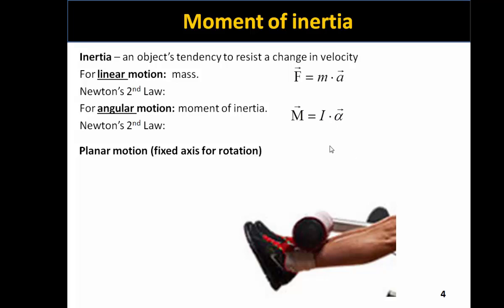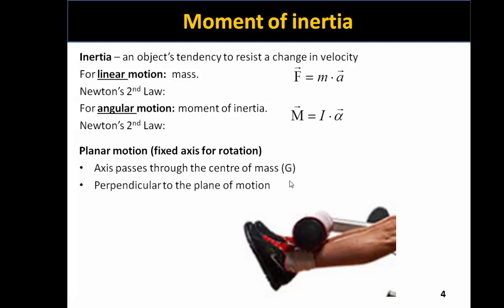Our situation will deal with planar motion, so this will be 2D motion with a fixed axis of rotation. We'll start by examining an axis that passes through the center of mass, often referred to as an uppercase letter G, and the axis is perpendicular to the plane of motion.